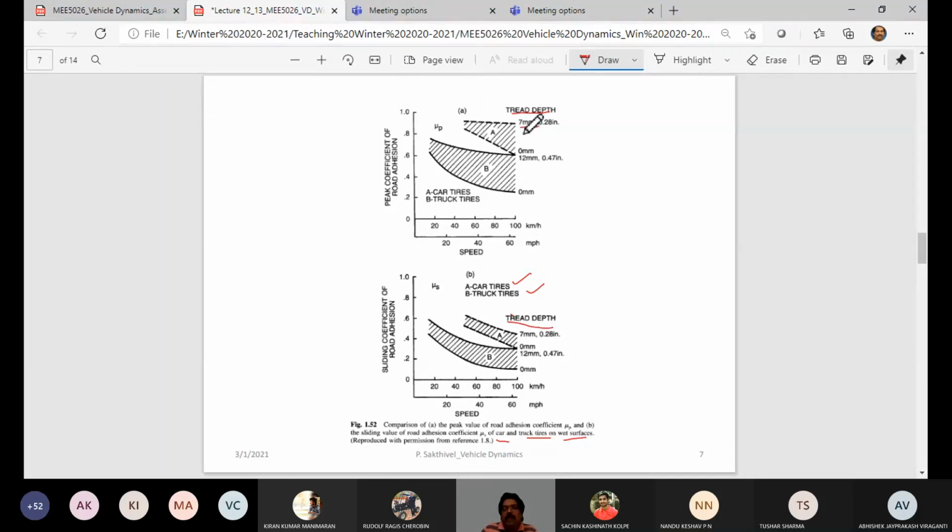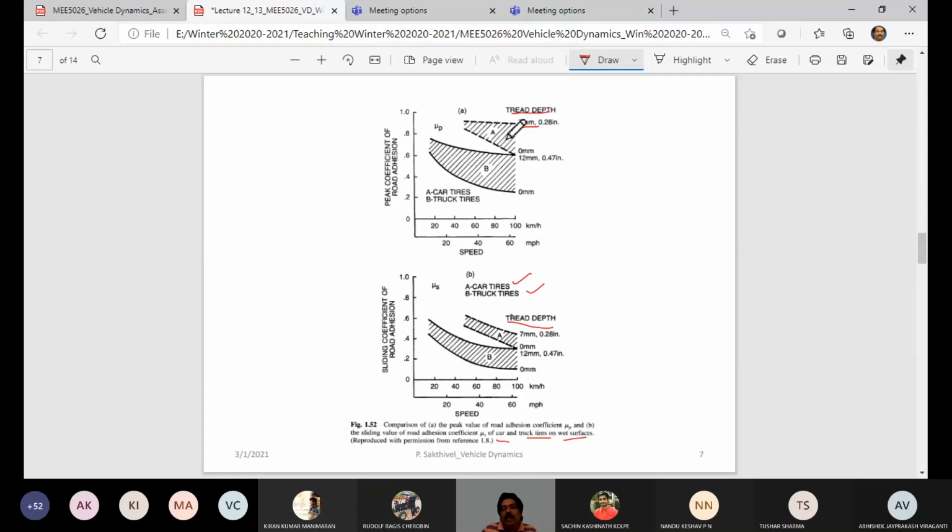So if we have a tread depth of 7 mm versus a tread depth of 0, what is happening? A tread depth of 7 mm is the new tire. See, for MIP the variation is very little. With prolonged usage, the tread depth decreases, and you see the drop in MIP for the car tires. The same thing happens with the truck tires.